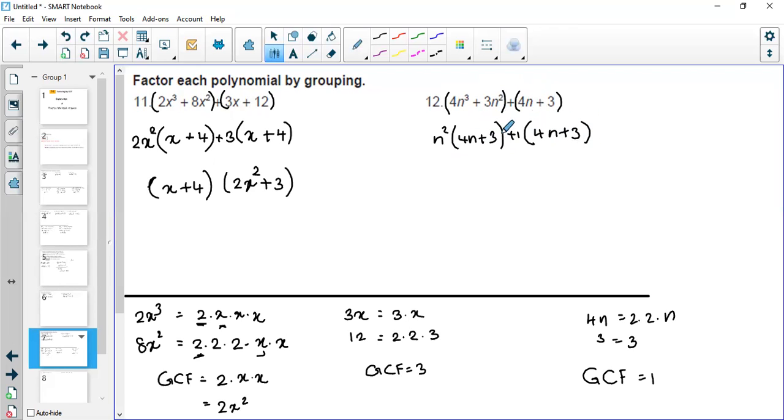So they both are the same terms, which means I could rewrite my polynomial factorization as n squared plus 1, 4n plus 3. If you have time during a quiz or an exam, if you want to check whether your factorization is correct, do multiply each of them by using the FOIL method or the vertical method of multiplication. That will definitely give you this particular polynomial, right?